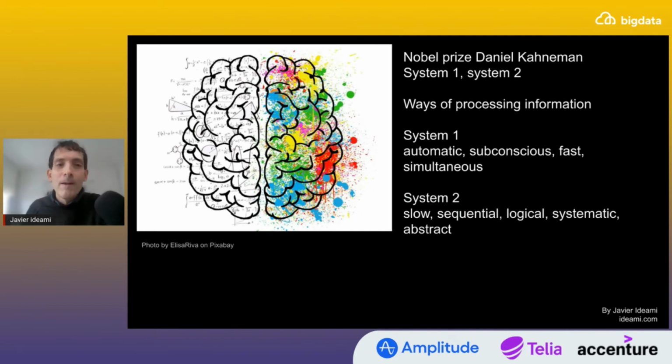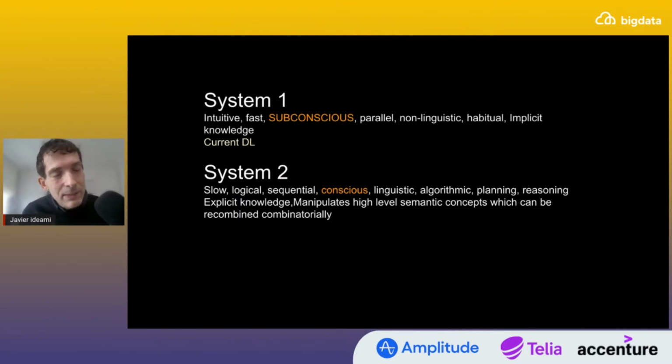To really go deep into this, we're going to connect with Nobel Prize winner Daniel Kahneman, who has very famously written about different ways of processing information in our brains that he calls System 1 and System 2. System 1 is the way of processing information that is more intuitive, fast, mainly subconscious, parallel, non-linguistic, habitual, implicit knowledge.